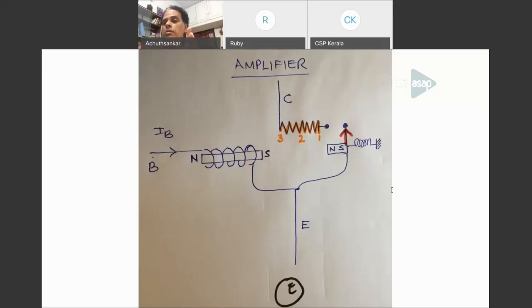Now, you may have noticed I did not talk about electrons, I did not talk about holes, nothing. My young friends who are listening to me, please believe me. If you are given an electronic circuit with this model, I already told you, don't think that this is a real model, because magnetic force is not linear.